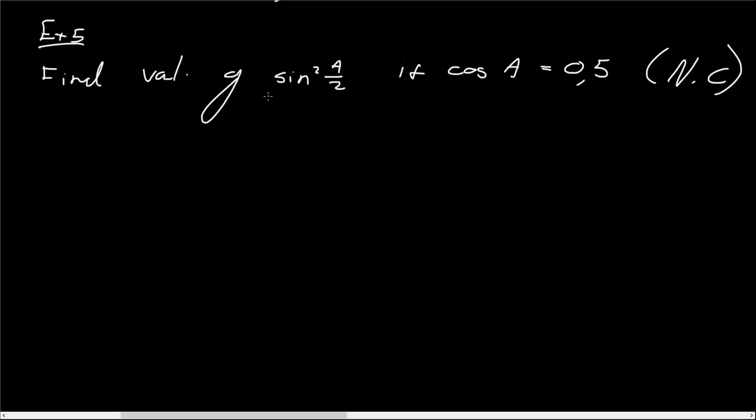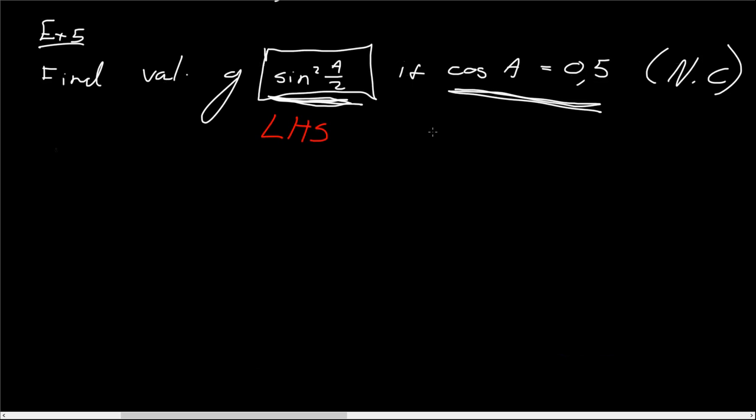We need to find the value of this, given that we know that. So we can go to our identities and find one where sine squared A over 2 is the subject of the formula, so it should be on the left hand side. On the right hand side, we need an identity that has only cos A and other real numbers, but no other trig functions.